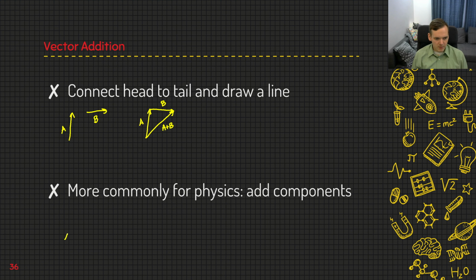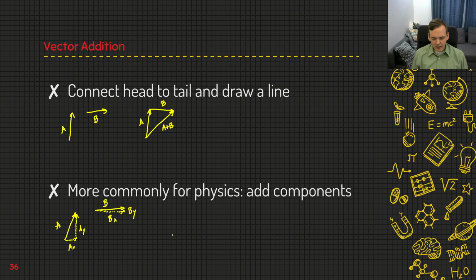So if I take those same vectors, I have this vector A, and I have this vector B. And so what I can do is break this vector A into an AX component and an AY component. And the B, which is a very shallow one, so it's a little hard to see, but it has a BX and a BY.